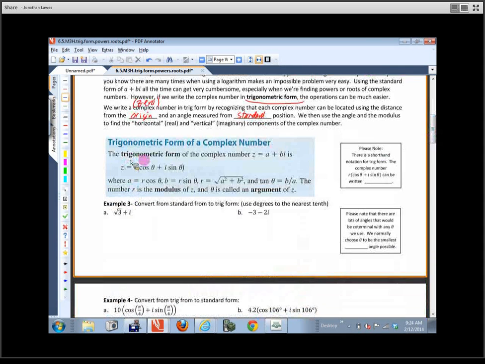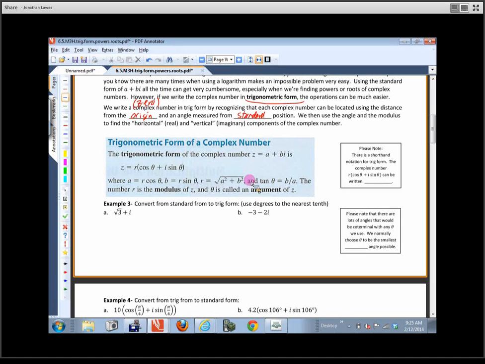So the trig form of a complex number a plus bi would look like this. We've got a radius, or a modulus, because that's what it looks like when we draw it on there. It would look like a radius. And then cosine of the direction angle plus i times sine of the direction angle. I'm going to show you this in just a second. Where a is r times the cosine of theta, and b is r times the sine of theta, and we already know how to find the modulus, the radius: it's the square root of a squared plus b squared.